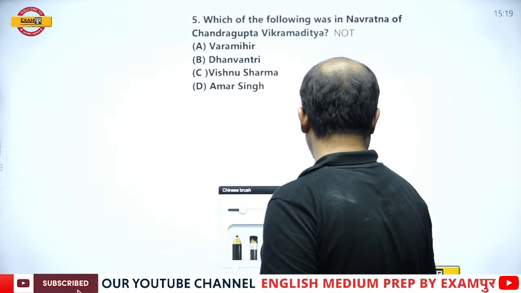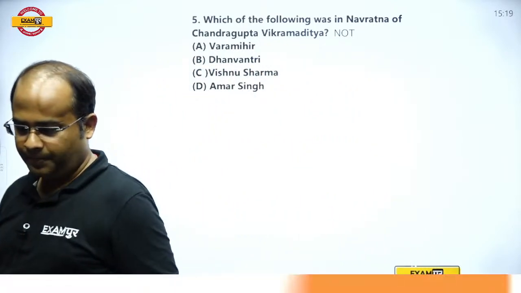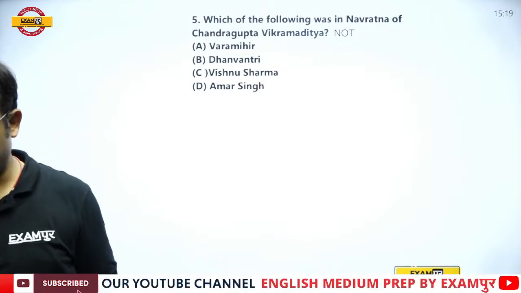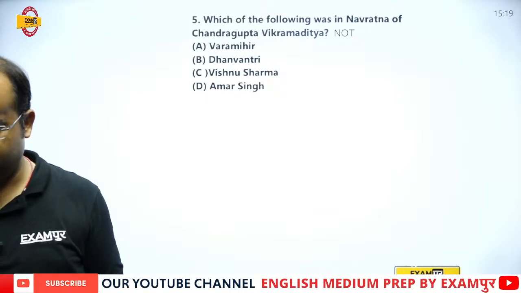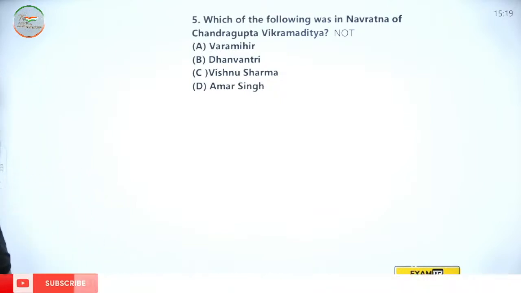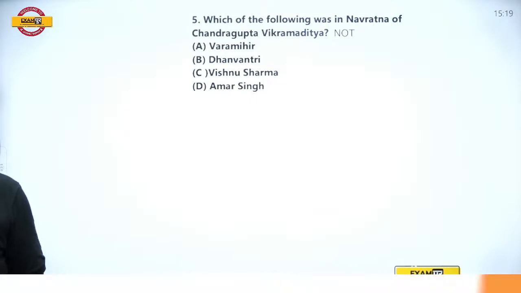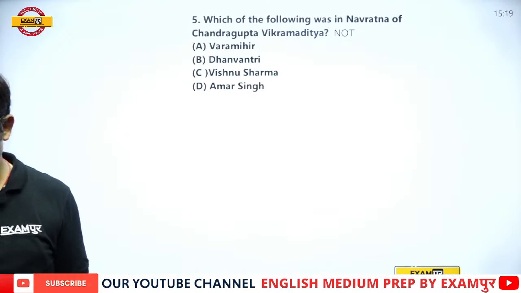So out of these four, which was not in the Navratna of Chandragupta Vikramaditya? Is it Varamihir, Dhanvantari, Vishnu Sharma, Amar Singh?